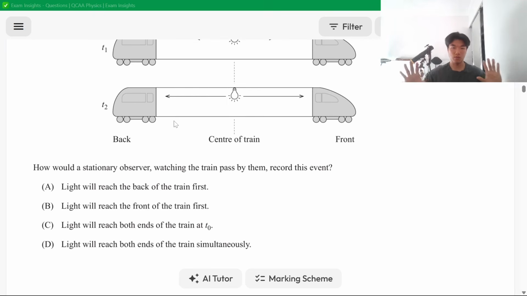Well, to you guys, it's moving this way, right? So then it would reach the back, which is this end, first. Hmm, we'll see. I think I have an explanation for both scenarios.